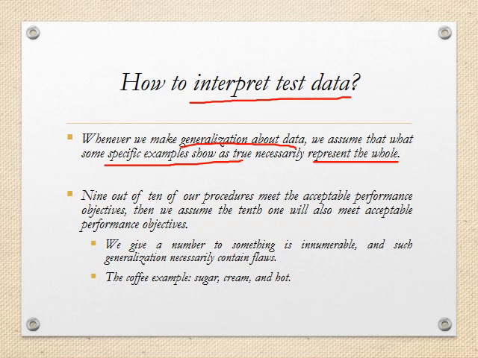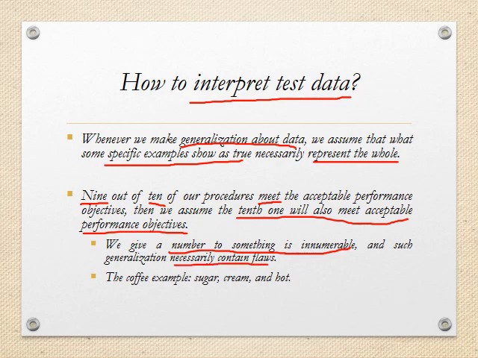For example, 9 out of 10 of our procedures meet the acceptable performance objective. Then we assume the 10th one will also meet the acceptable performance objective. That's not always true. We give a number to something enumerable, and such generalization necessarily contains flaws.